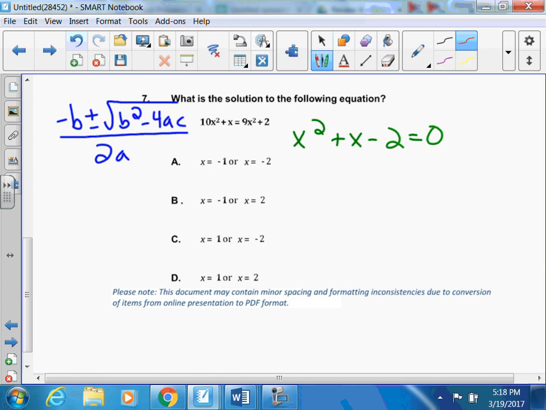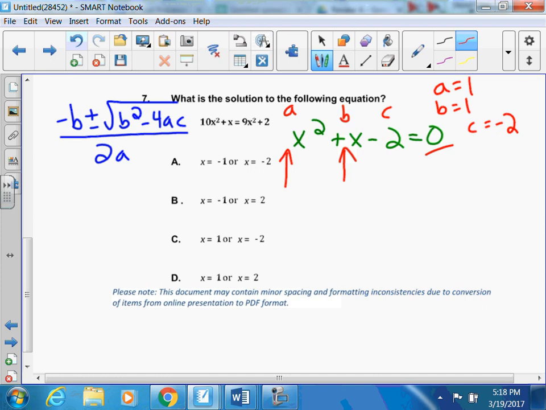So here A is right here, B is here, and C is here. And you have to get everything on one side equal to 0 in order to identify A, B, and C. So in this case, A equals 1, B equals 1, and C equals negative 2. The 1s are the coefficients here.